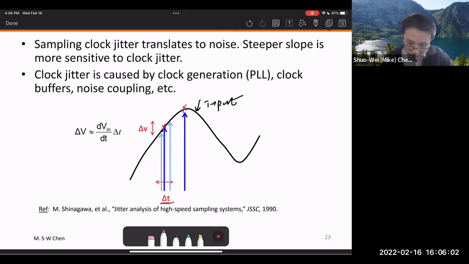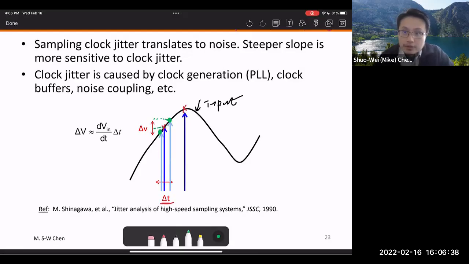So sometimes I end up sampling this point instead of the red cross point. The voltage difference between this green dot, the actual sample, and the red cross point is the error induced by the clock jitter.